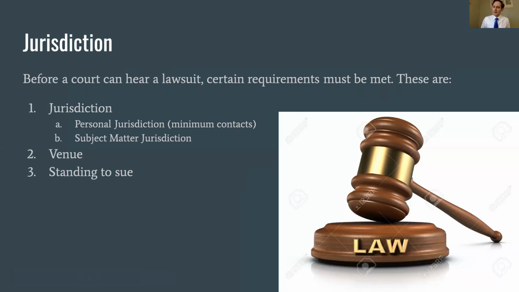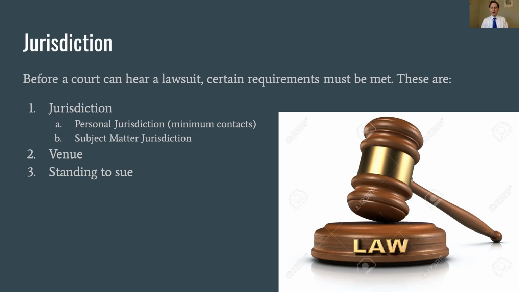What we're really going to be talking about now is, does the court have the authority to hear this specific dispute? That's jurisdiction for our purposes. So in the eyes of the court, does the court have the authority to hear a case?